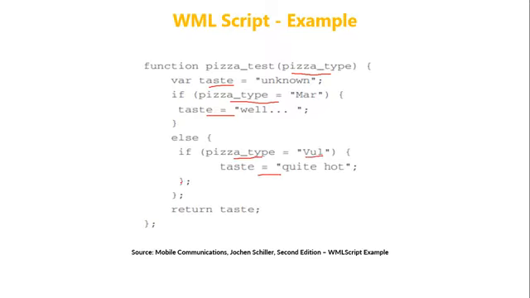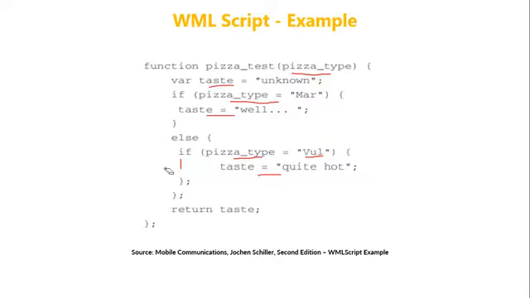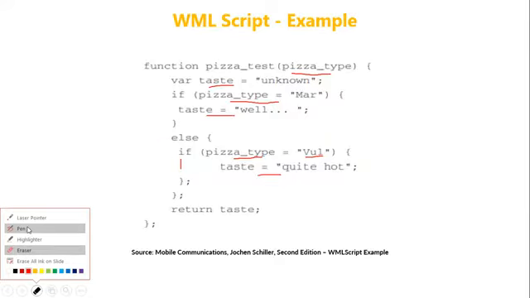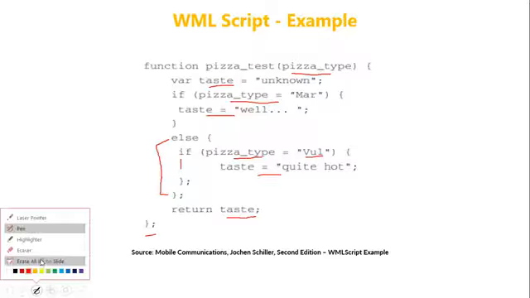This is the end of the else, and this is the end of the if. Then it returns taste, whatever the value of taste, and this is the end of the function. This is a small example which shows how WML script works.